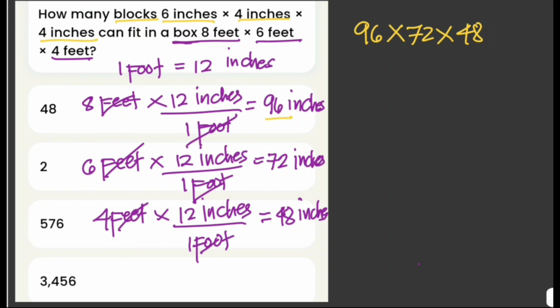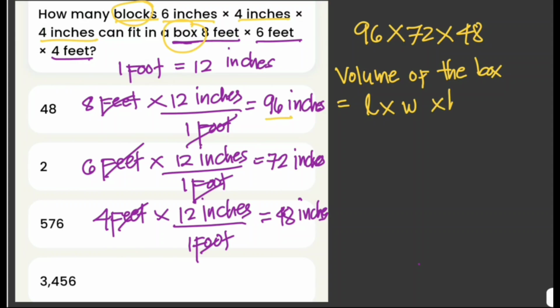What we're going to do is solve for the volume of the block and the volume of the box. So the volume of the box is equal to length times width times height.